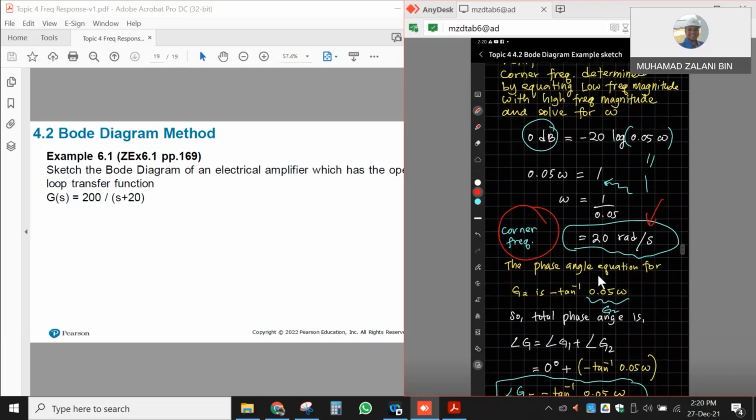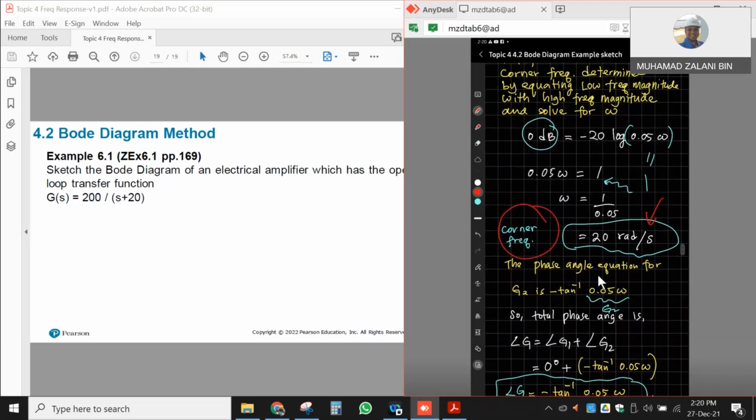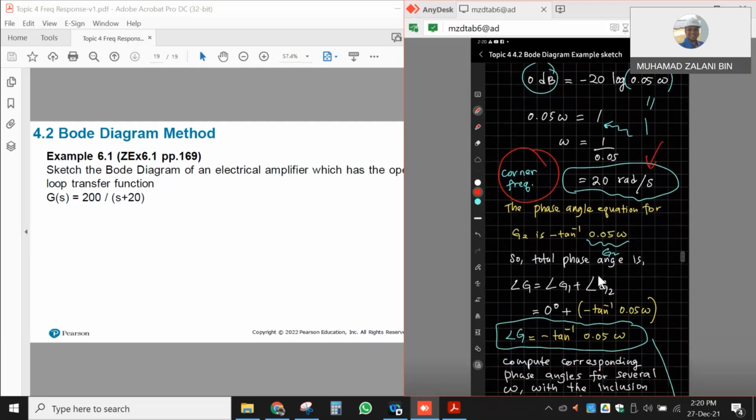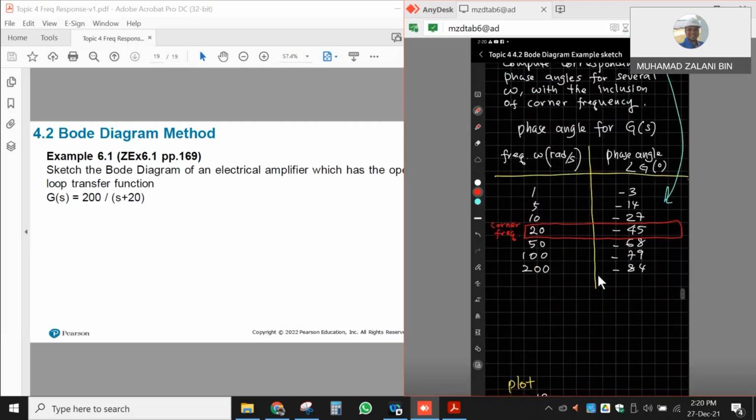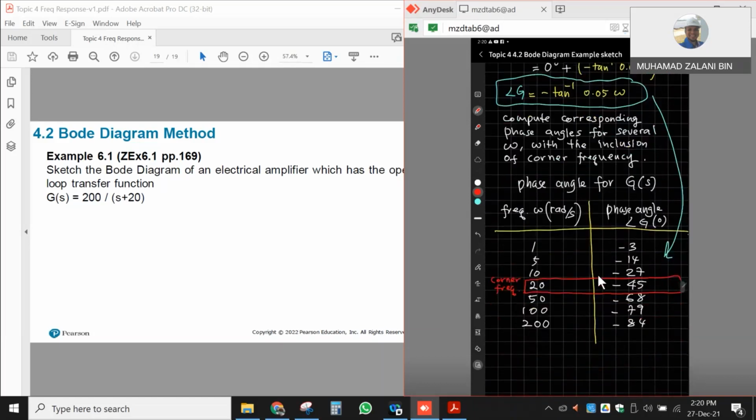Angle of G equals negative arctangent 0.05 omega, where omega is 20 radian per second.